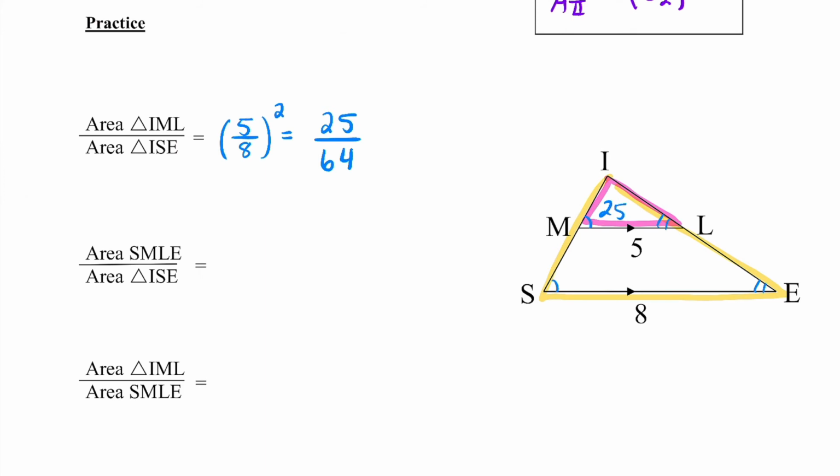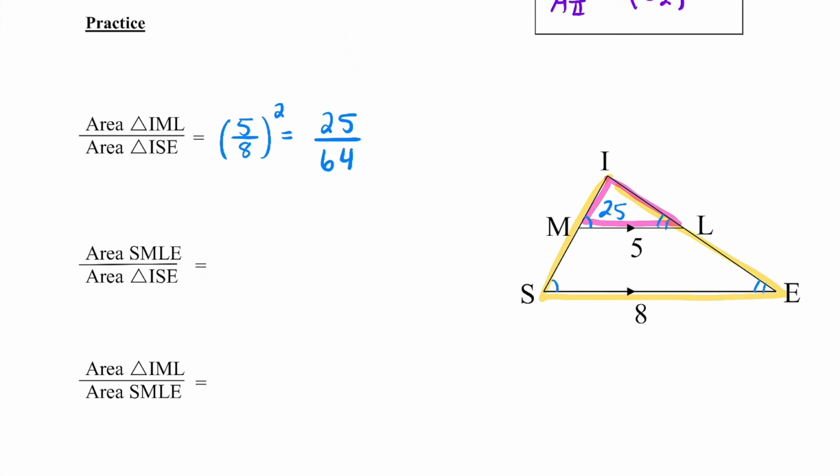So when we go down to the next problem, it asks us to compare the area of SMLE, which is a trapezoid, to the area of the biggest triangle. If we think about this idea of part minus whole, we can still apply that to ratios.